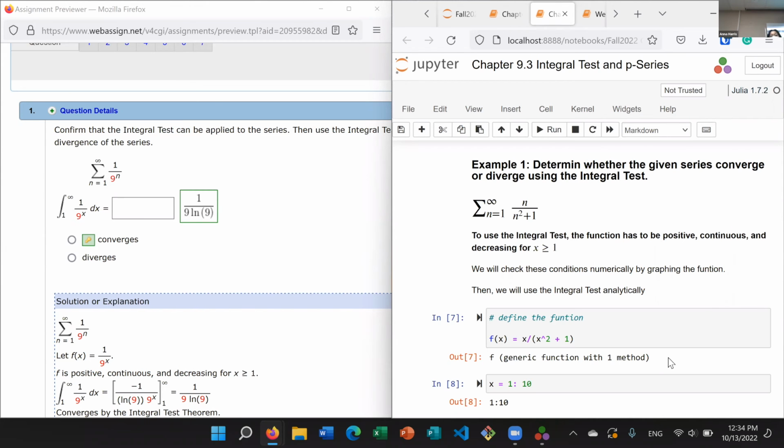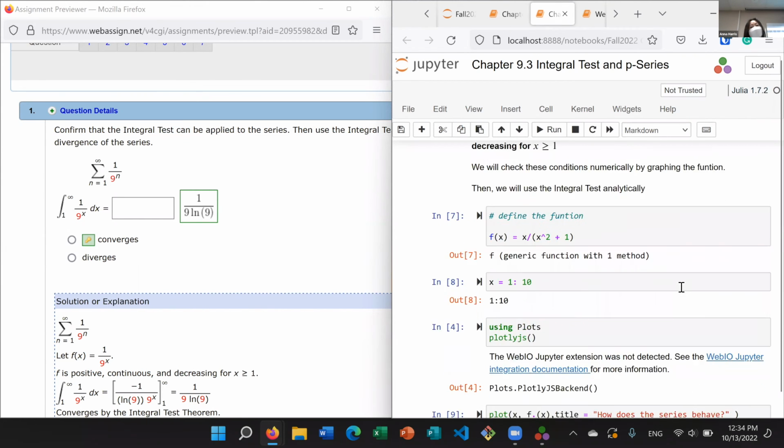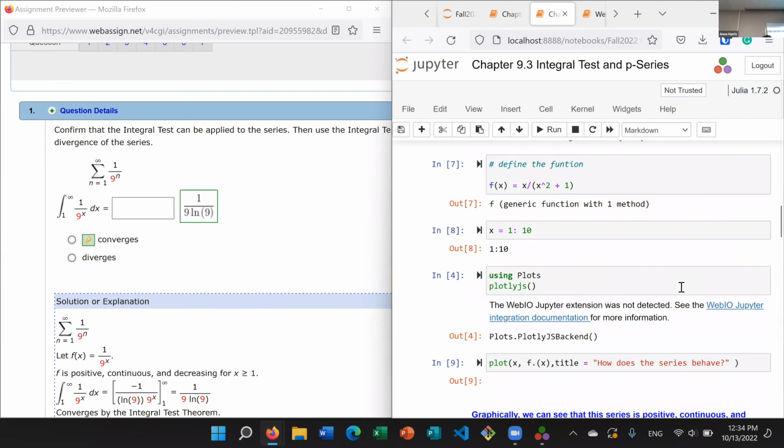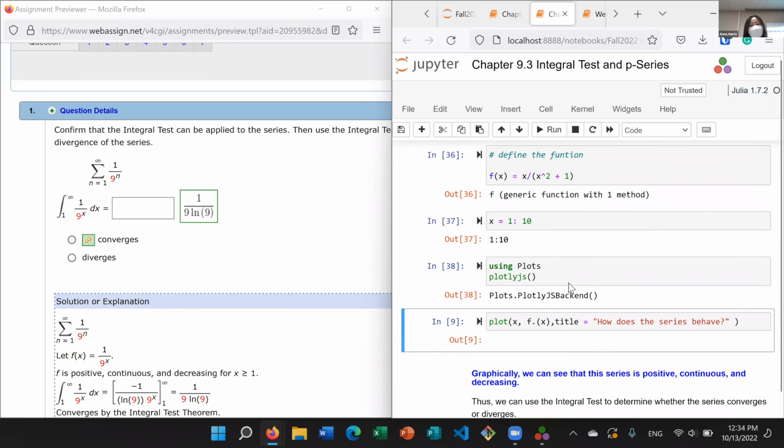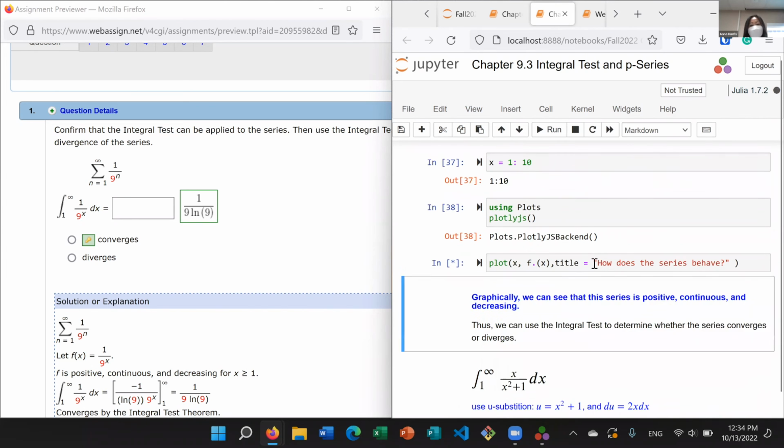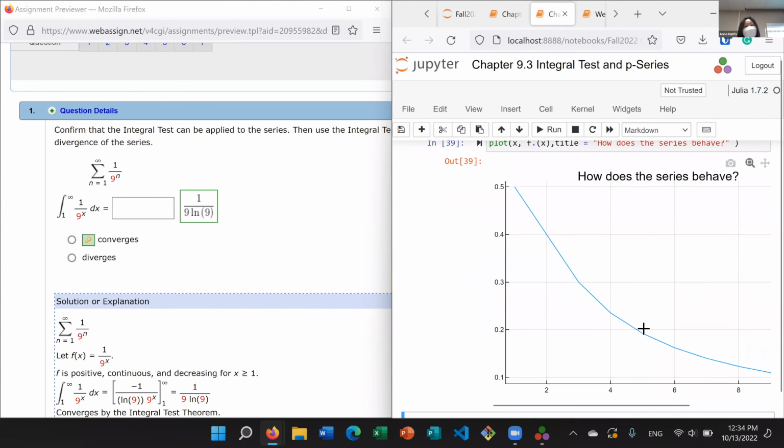To do the integral test, make sure that your function is what? Continuous, positive, and decreasing. How can I find that? I can do it numerically. First thing, I just define this and run it. Look at your function.